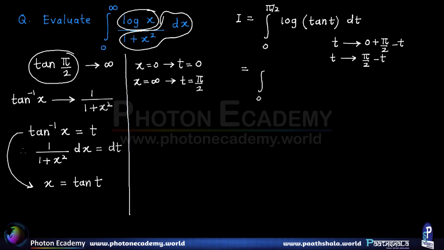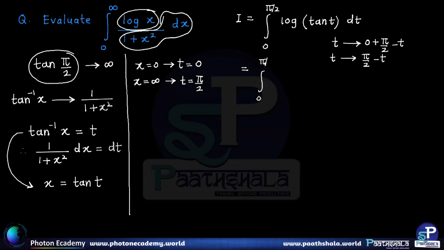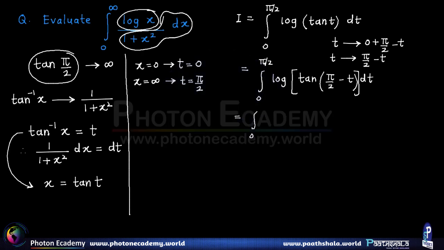So therefore we have integral from 0 to pi by 2 of log of tan of, in place of t we write pi by 2 minus t, dt. Now we know that tan of pi by 2 minus t is nothing but cot t, so that is basically log of cot t dt. So this is also I, isn't it?